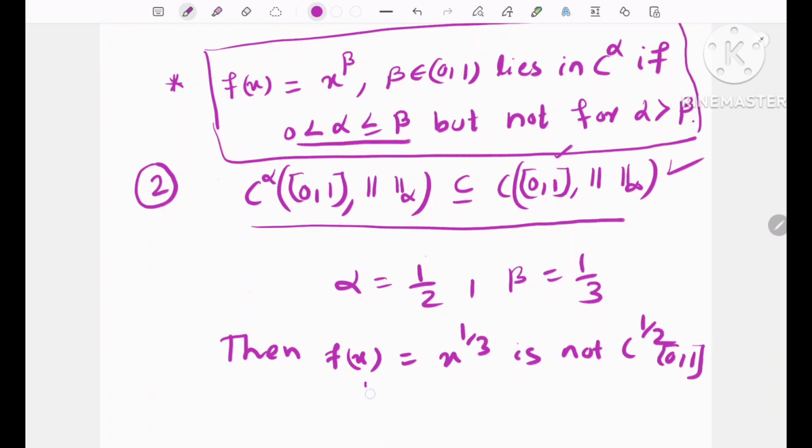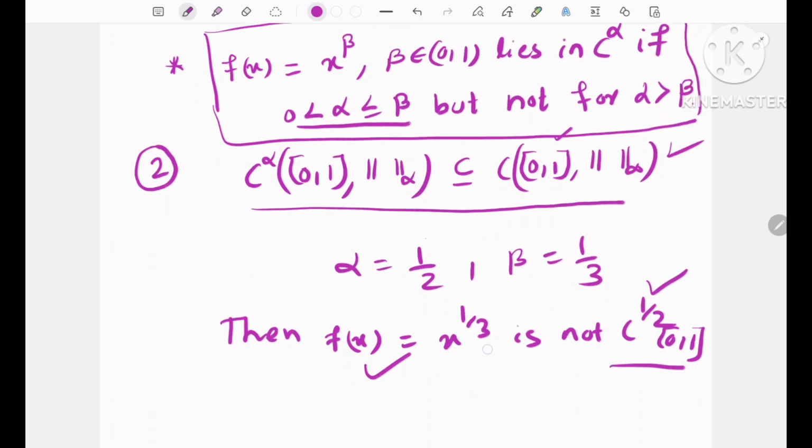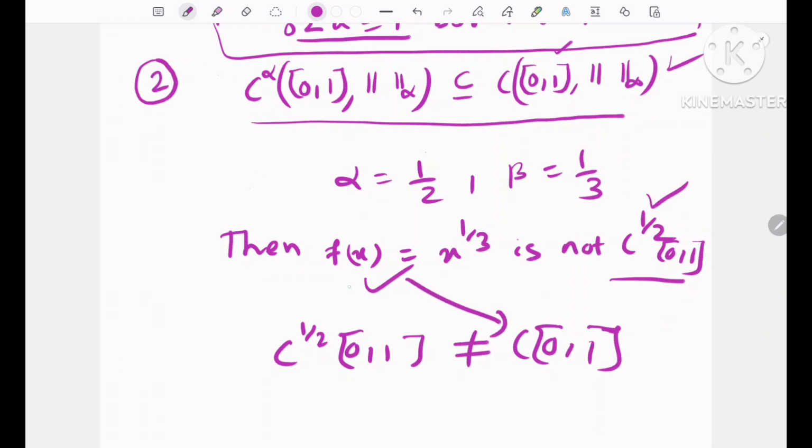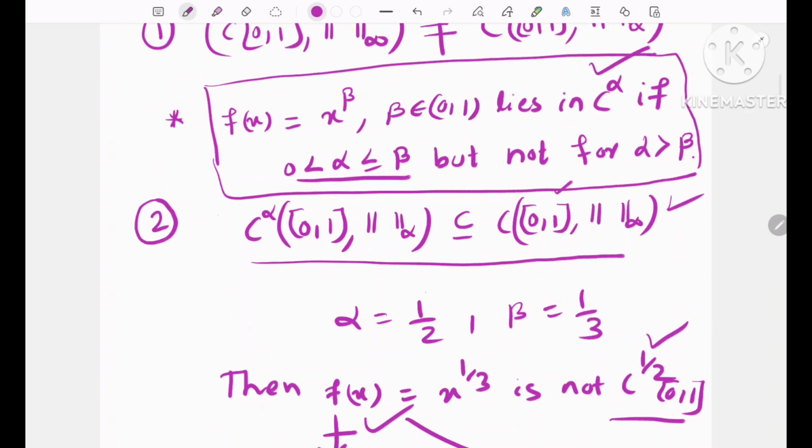So this is a continuous function, but it is not a half-Hölder continuous function. This implies that C half [0,1] cannot be equal to C[0,1], because this function f lies in one space but does not lie in the other. You can verify this standard result. It is a real analysis result, one can verify it. It is your homework.